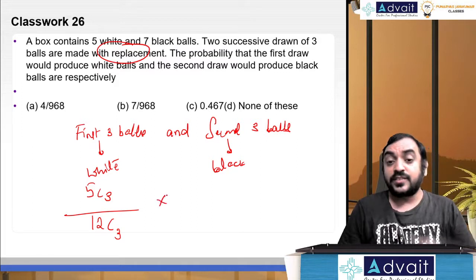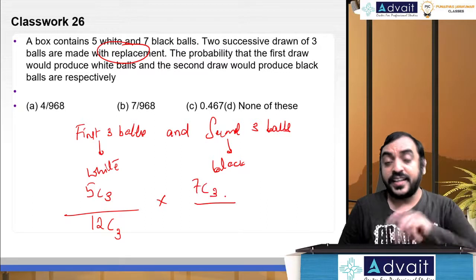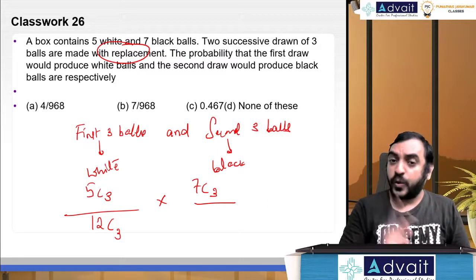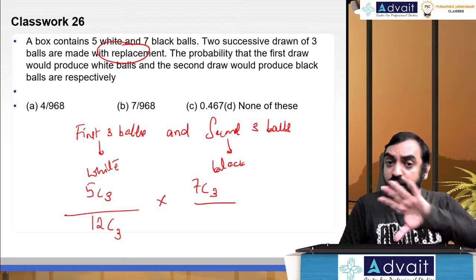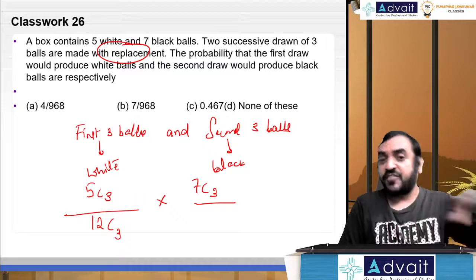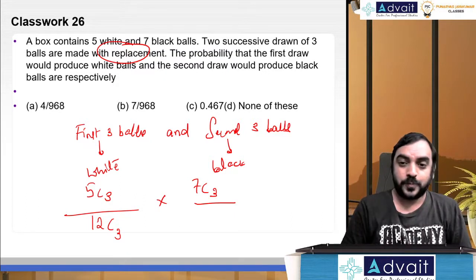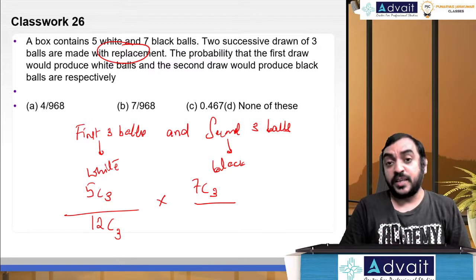And you select 3 black balls. How many black balls are there? 7C3. In denominator, can you tell me, do we have 12 balls? Should I do 12C3? Or out of 12, in the first situation I have taken 3 out, so remaining I should say 9C3. So 12C3 is correct, or should I do 9C3 because you have taken 3 balls out in the first draw?